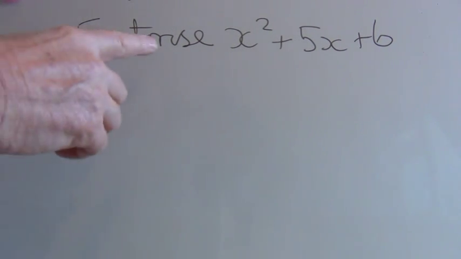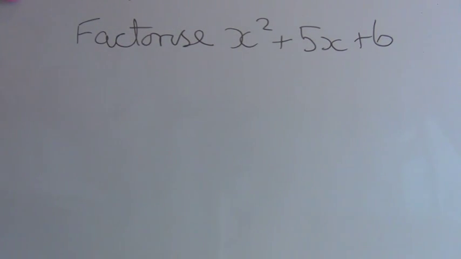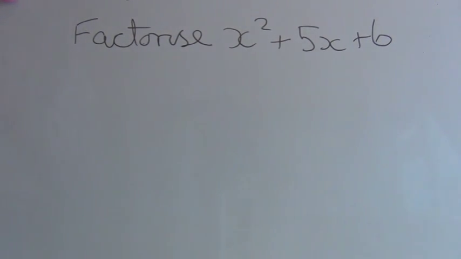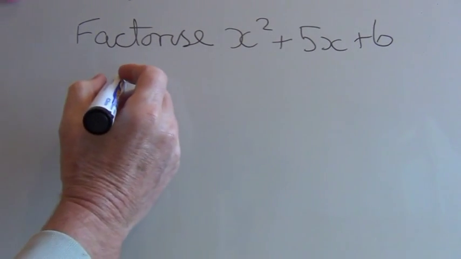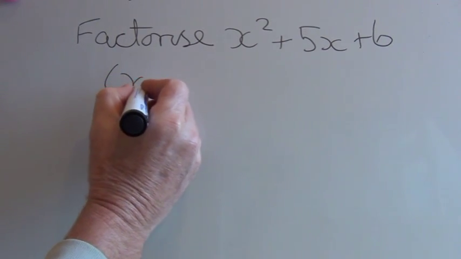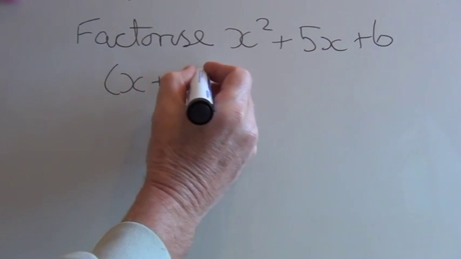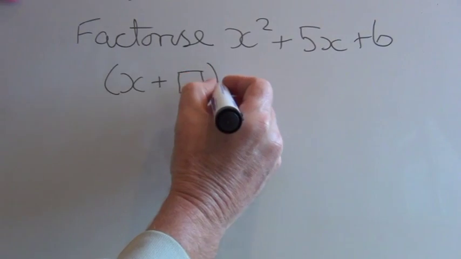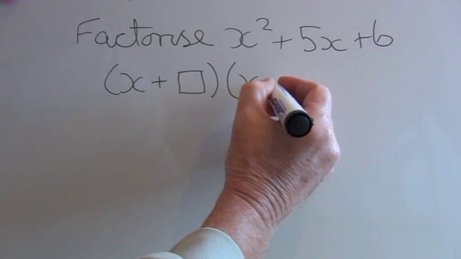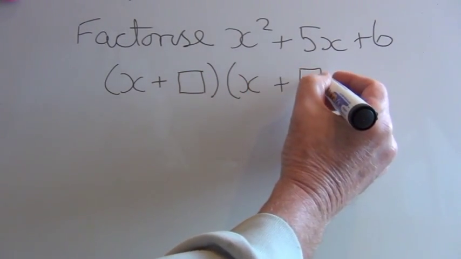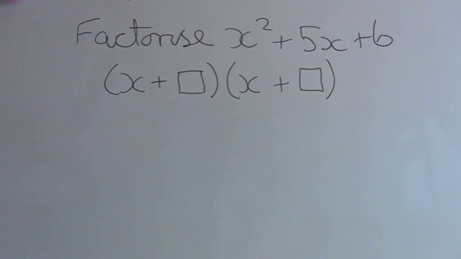Okay, this time we're asked to factorise x squared plus 5x plus 6. So this time we want to consider the product x plus a number, x plus a number. Again, where the boxes will be filled with whole numbers.